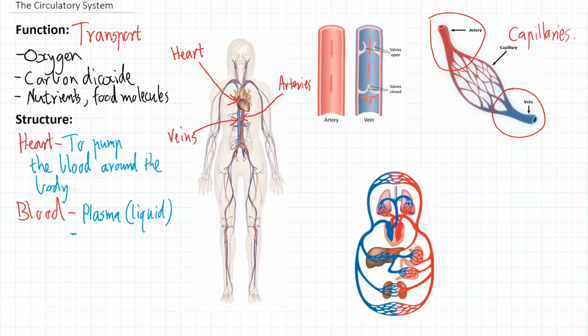It's also made up of red blood cells. That's one of the cells we learnt about in the cells topic. They carry oxygen and carbon dioxide to our cells that need them. Mainly oxygen. And there's also lots of white blood cells in there as well.